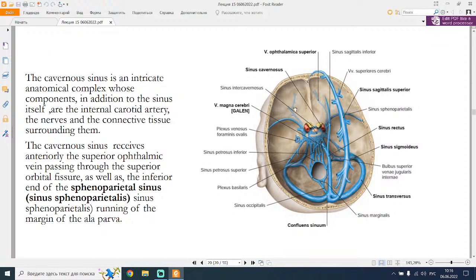This is the arteria ophthalmica. This is the sinus sphenoparietalis, running off the margin of the ala parva. This is the sinus cavernosus.